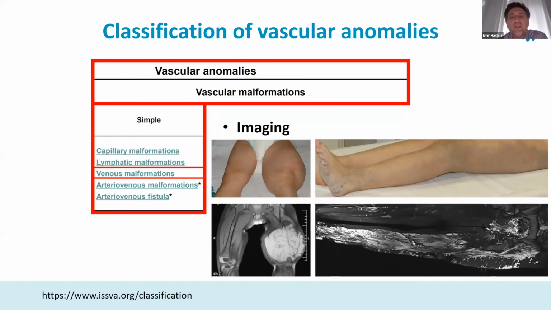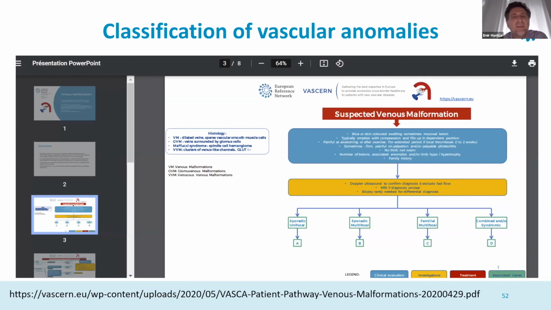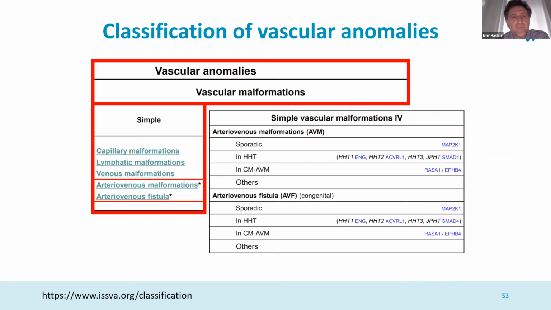And according to how this is distributed, then you can also decide on your treatment options and what to do. There is also on our website a very nicely developed patient pathway for suspected venous malformations, so that you can find the diagnosis, what kind of venous malformation you have in front of you.